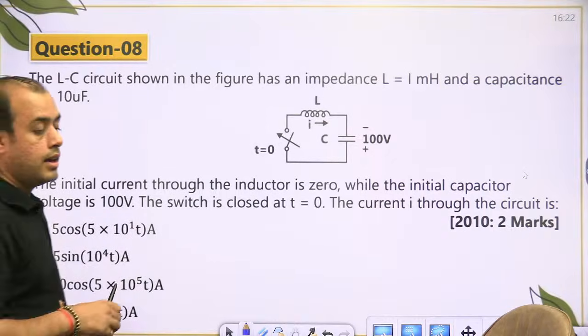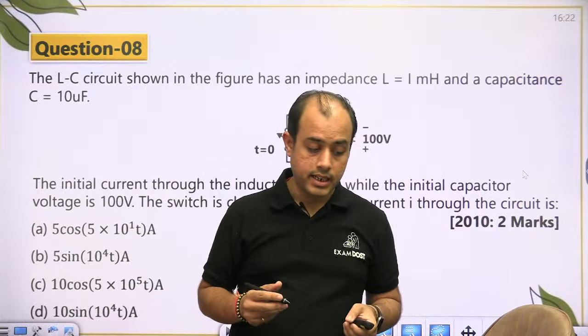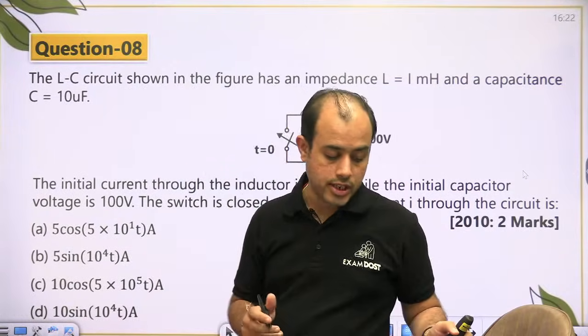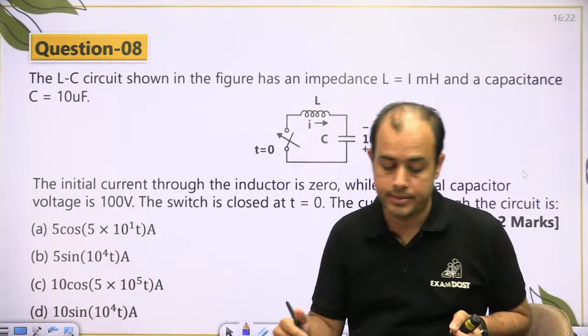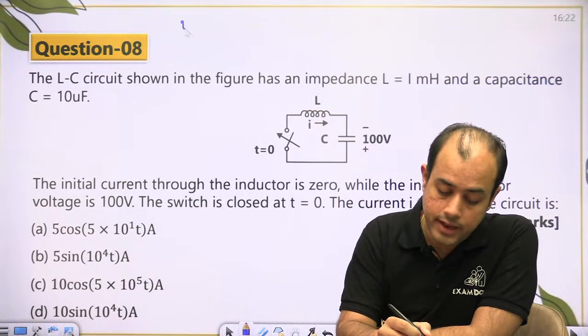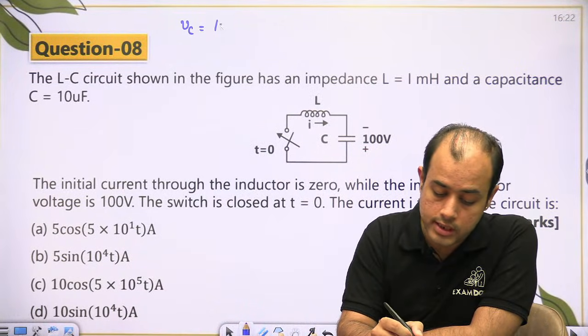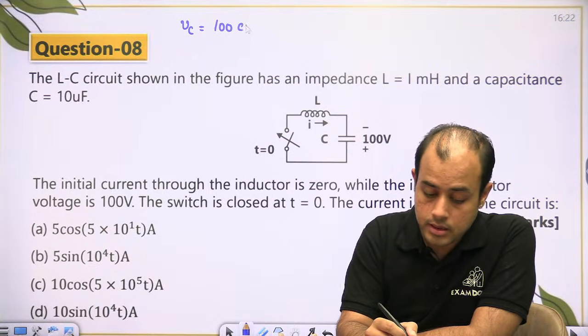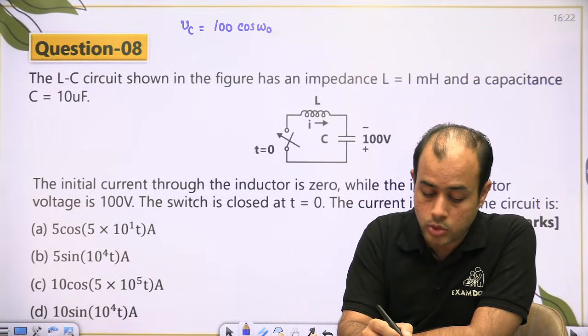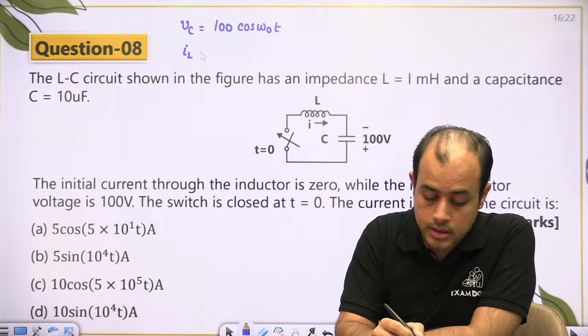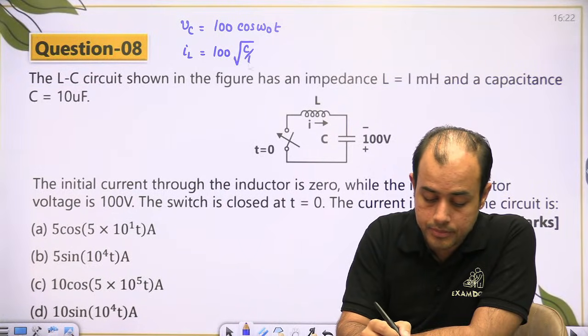LC circuit has inductance, capacitance, initial capacitor voltage is 100. Whenever initial voltage is given, the voltage will follow the cosine curve, current will follow sine.